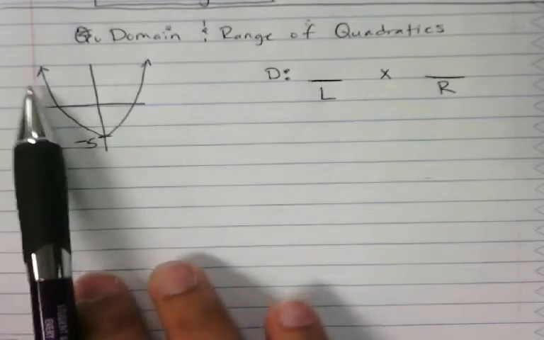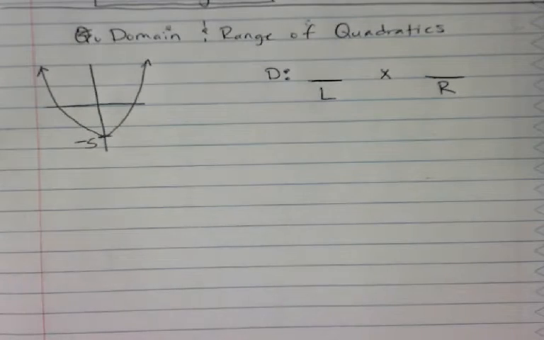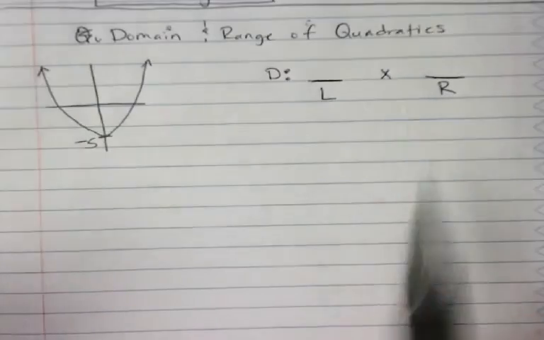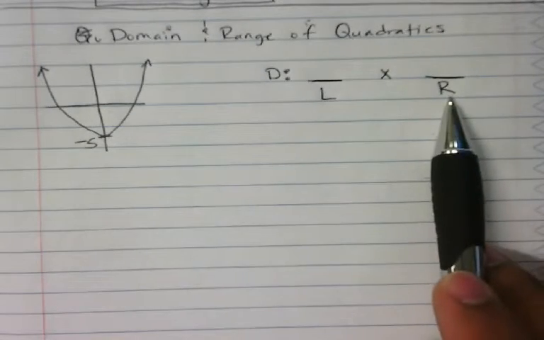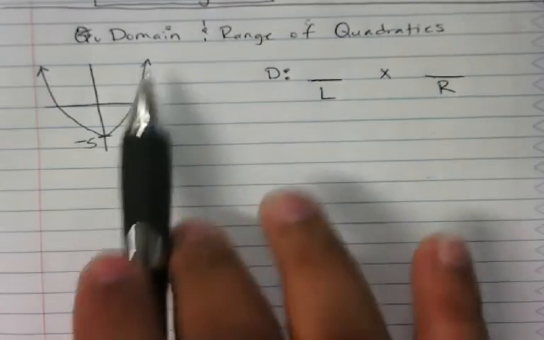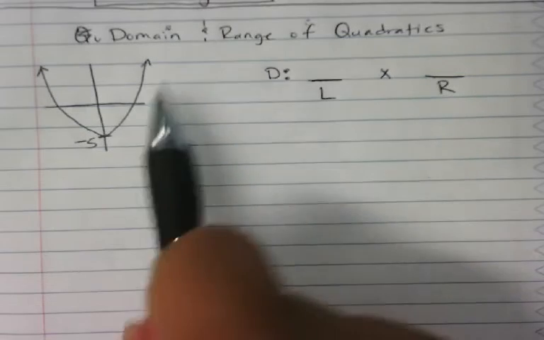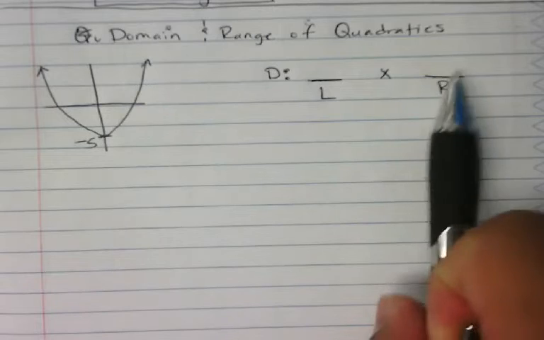My left number in this case, since it's going to the negative, would be negative infinity, right? But for this class, we're not going to write negative infinity, but yes, your answer is correct. You leave it blank. Now I'm looking for my right number, furthest up right on the graph. Is there going to be a right number? No. Going to infinity, so there's not going to be a right number that we're writing in here.